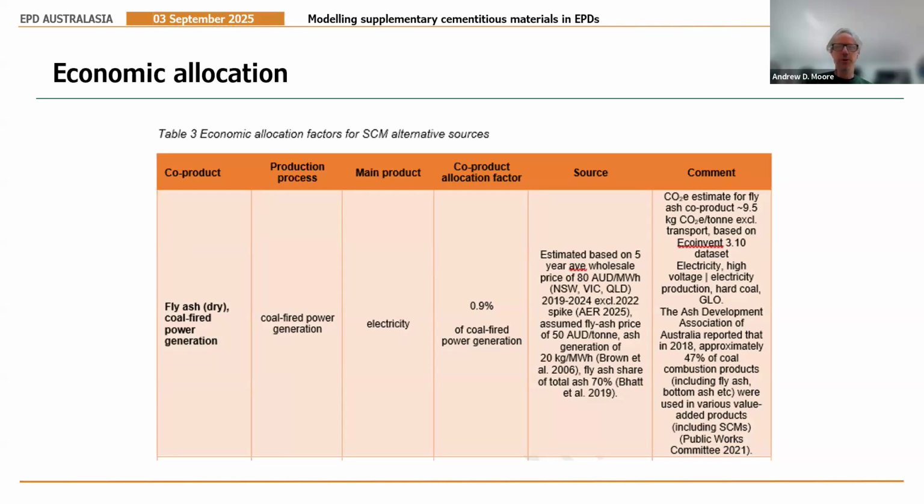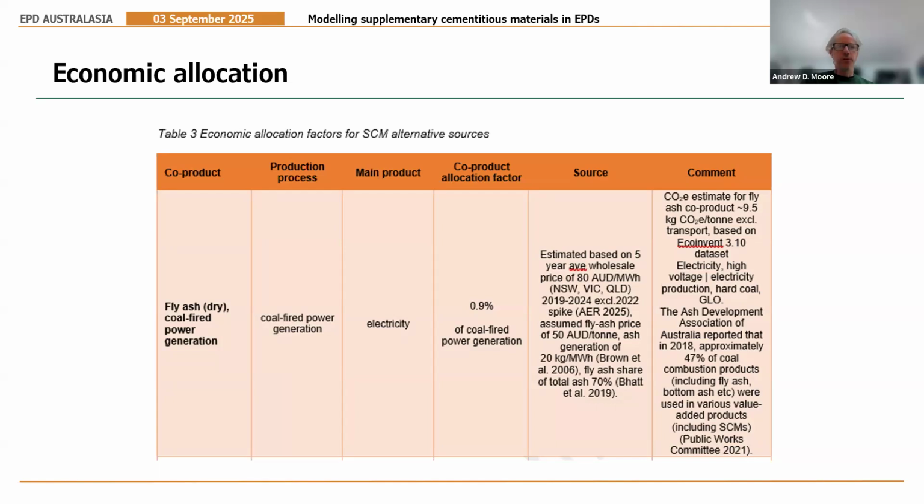And we assume a fly ash price that the SCM producers pay of say $50 a tonne, and the ash produced per megawatt hour is around 20 kilos. And the share of that ash which is actually fly ash versus other types of ash being around 70%, then you come up with an allocation factor of just less than 1%, so 0.9% of the coal-fired power generation.